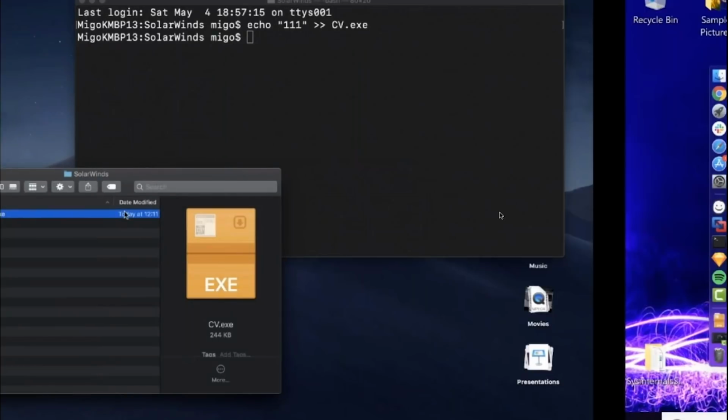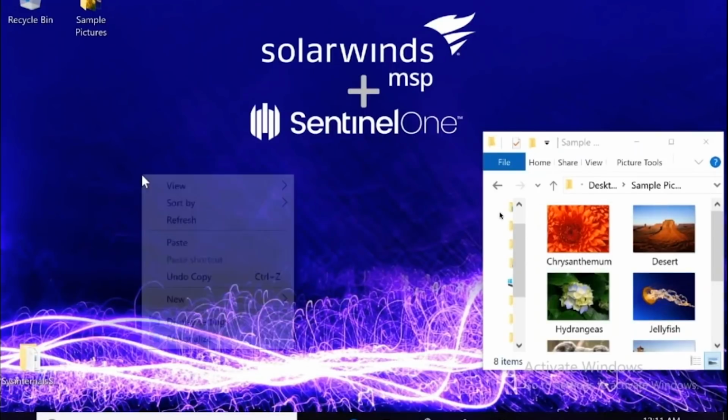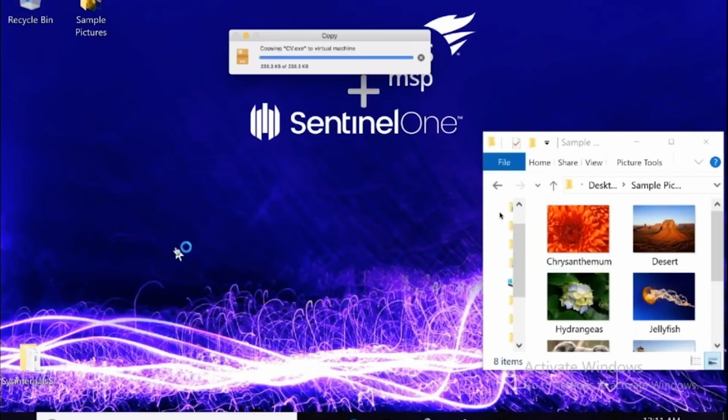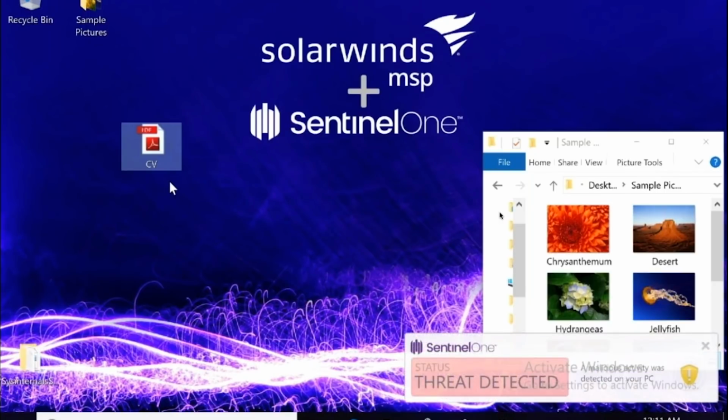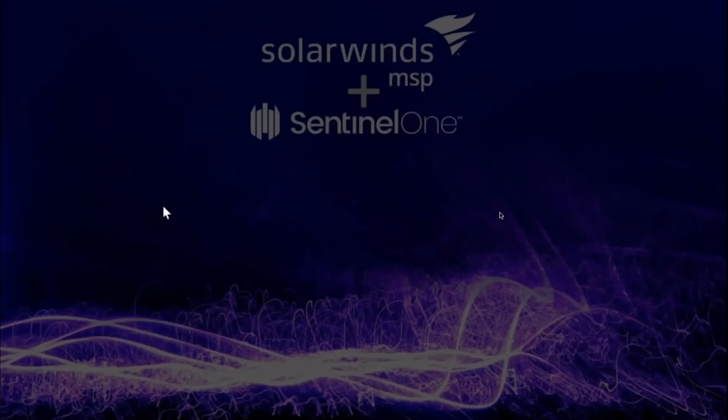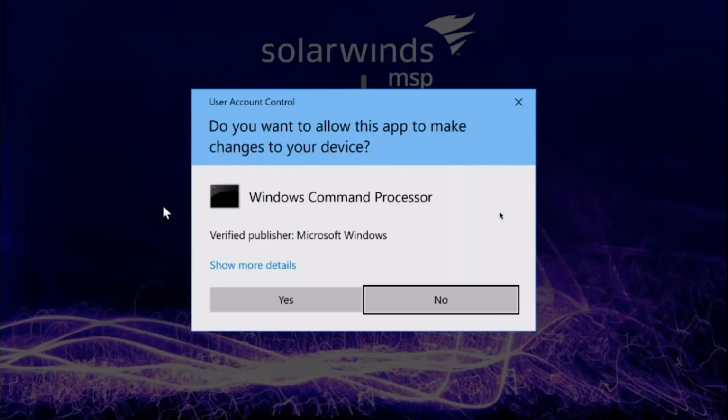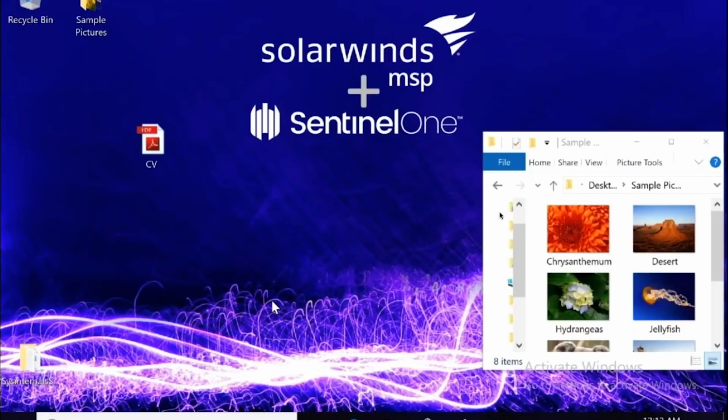And then I'm going to copy and paste it again to my desktop. You notice I still detect it as a threat, but I'll go ahead and run it anyway. And as many end users will, I'll go ahead and click on yes. And this is where you start seeing stuff happen.